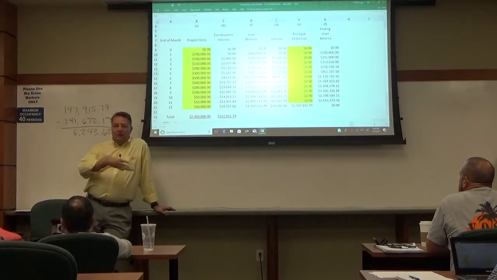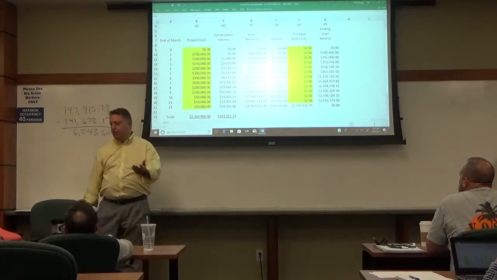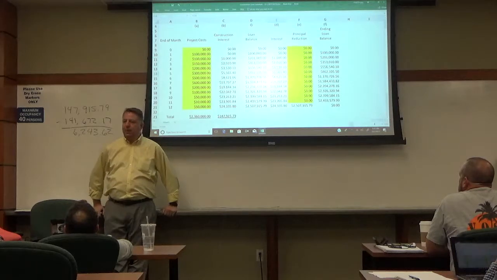So right there, you could get the lion's share of the work done without ever having to dip into your reserves for the actual construction. And the lenders were certainly happy about that, since it's less risk for them as well.